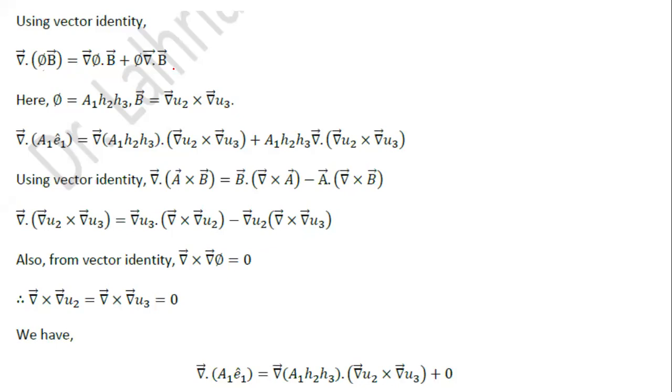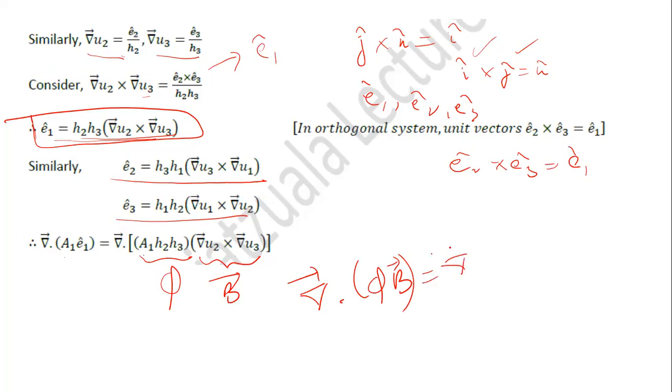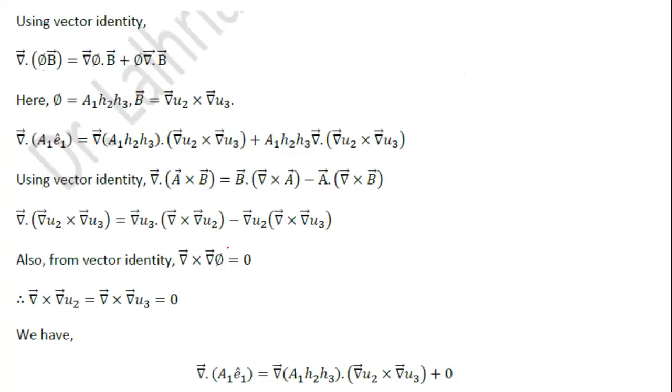So in the above expression, you just consider this as your phi and this as your b vector. So it will be similar to the divergence of phi into b vector, right? So this is grad phi dot b vector plus phi divergence of b vector. This is what we are going to get.